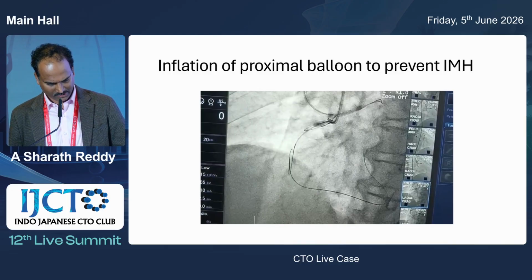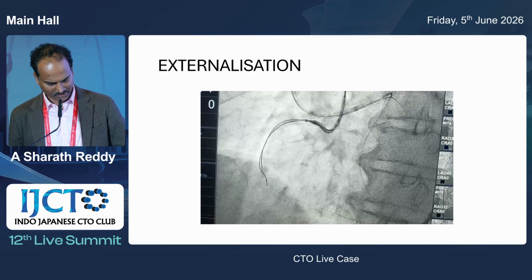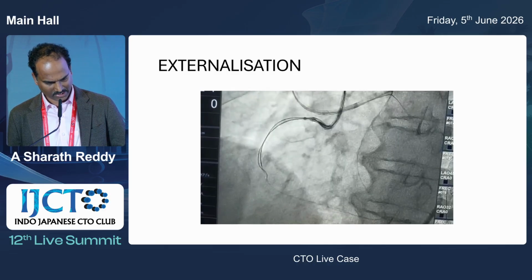Once the wire is in, I took a Trapliner in. You can see the Trapliner is in, and we did a reverse CART. Clearly, antegrade is subintimal, retrograde is in true lumen. So we did a reverse CART within the CTO segment after crushing the entire CTO, which was not penetrable before, and brought the wire into the Trapliner and then externalized.